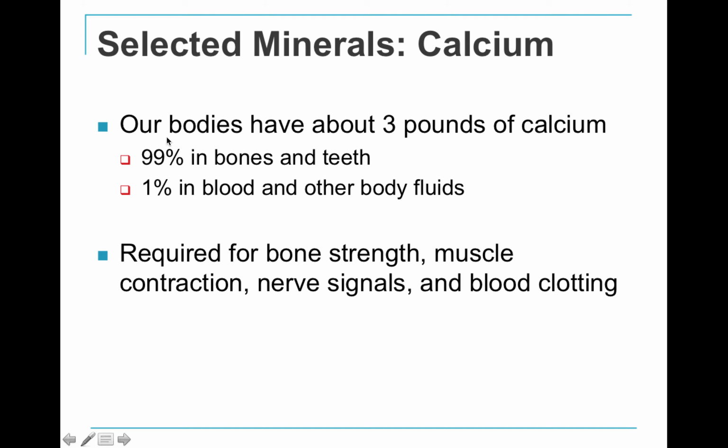Now, the crazy thing about calcium, listen to this, is that our bodies have about 3 pounds of calcium, and 99% of that calcium is found in our bones and teeth. Only 1% is in our blood and other body fluids. That means our bones and teeth need calcium so badly that during pregnancy, when the fetus is growing inside the mother, if the baby does not have enough calcium to create bone tissue, the baby will actually pull the calcium from the mother's bones and teeth.